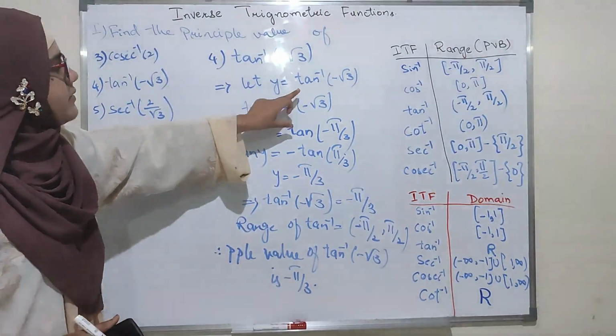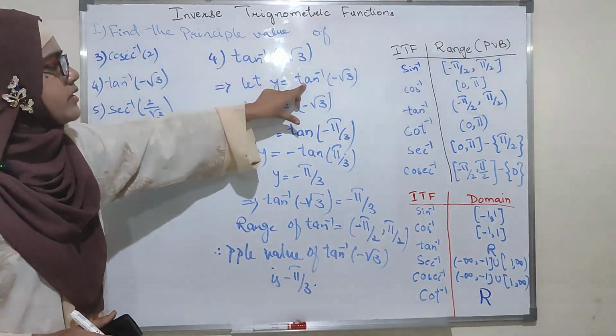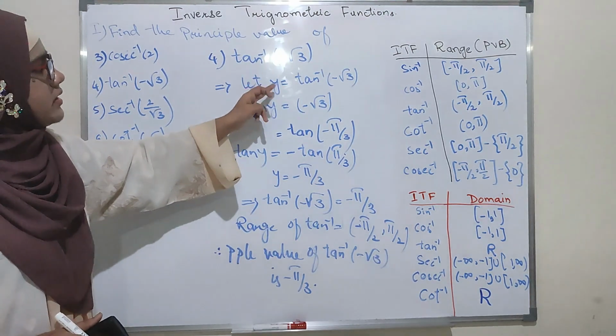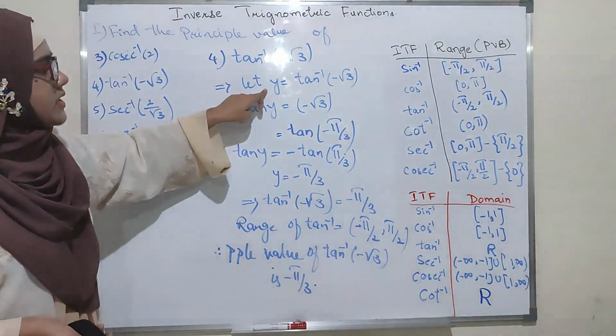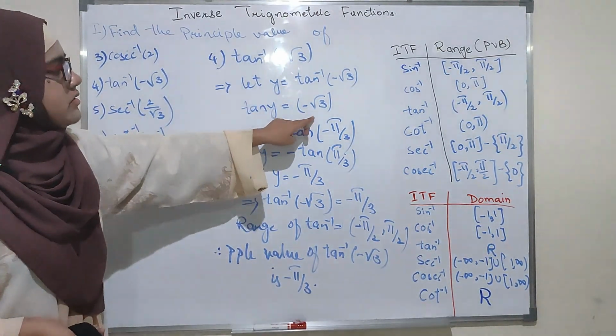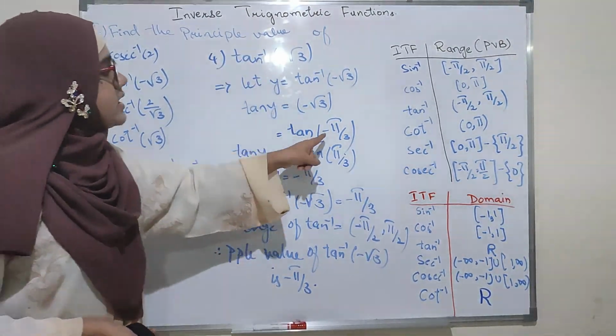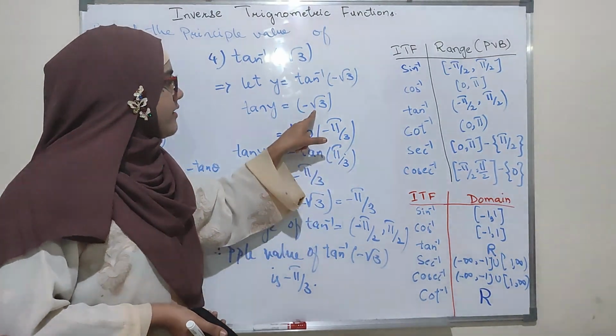So first we take the given function as y, then we shift the tan inverse, writing it as tan, and the denominator on the right-hand side becomes the numerator. So tan of y is equal to minus root 3. We check the root 3 value in the tan table. It is tan 60, and tan 60 gives root 3.